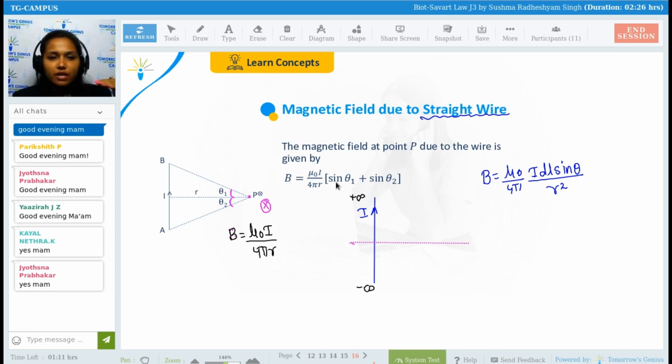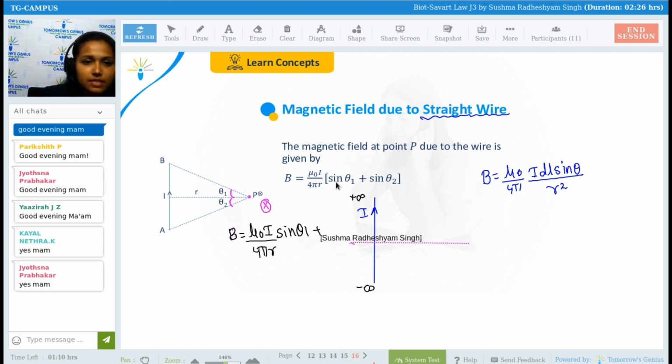So there is an angle. I said this is for sine theta 1. Similarly plus, the magnetic field mu naught upon 4 pi r I sine theta 2.